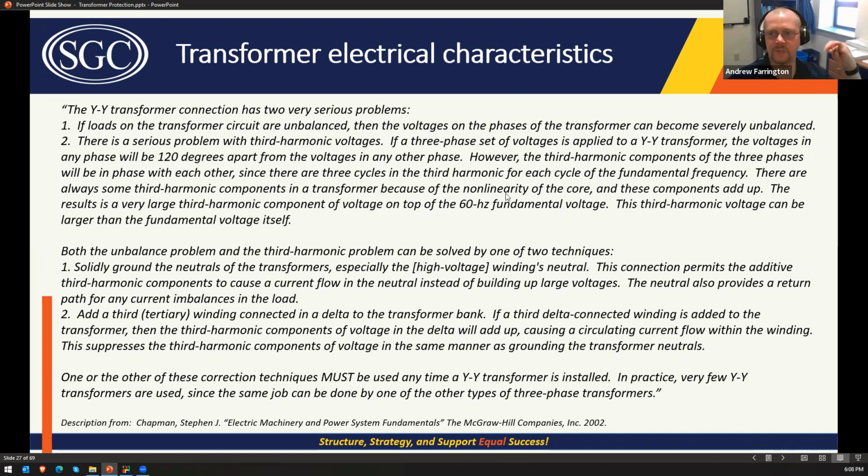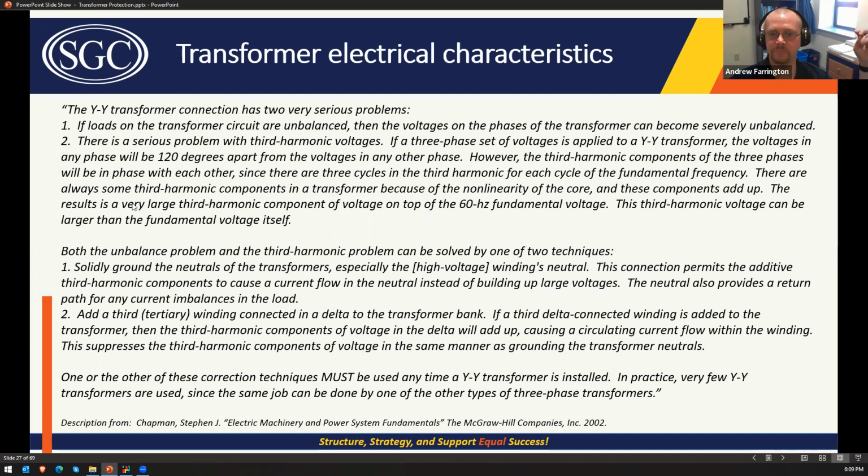If a three-phase set of voltages is applied to a YY transformer, the voltages in any phase will be 120 degrees apart, obviously. However, the third harmonic components of the three-phase voltages will be in phase with each other, since they have 3 cycles for every primary harmonic. So they're all going to be in phase, and that means that they all add up, which is not great.